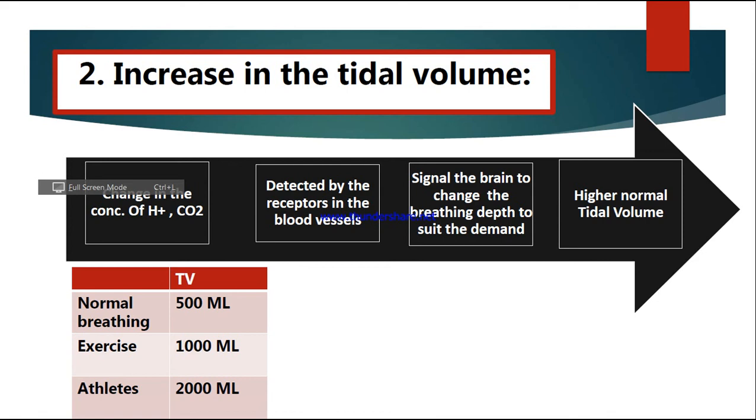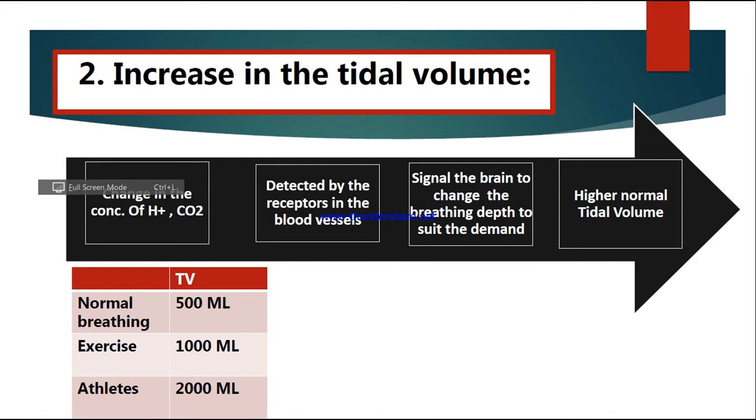Okay. Now there will be a change in concentration when we do exercise. There will be a change in the concentration of H plus and CO2. They will go towards a more acidic environment, and this acidic environment is detected by the receptors in the blood vessels, and the signals go to the brain. They will change the breathing depth to suit the demand of the body.